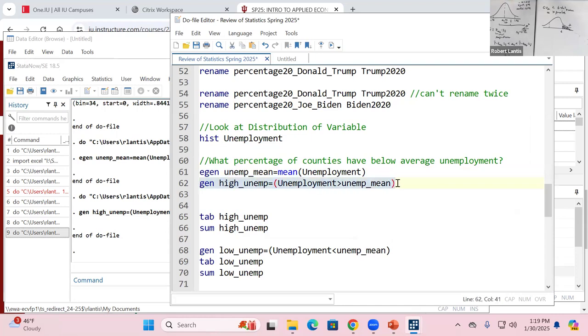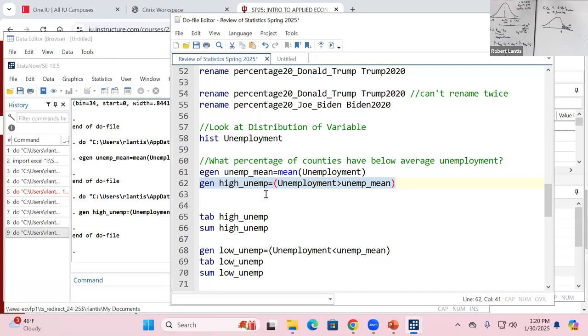When I just want to create a variable without using a built-in, like this is just using a conditional statement, I don't have to use egen. There's no pre-stored command I'm trying. This is just how I would do more general math. I'm not using a built-in function here, right? So as we do more things, it'll become more obvious when we use egen and when we don't. If you ever get an error, just try both, right? It's not the best way to do it, but if you are getting an error, try doing the other one.